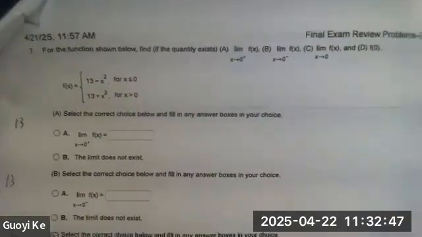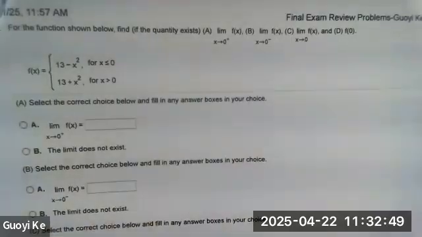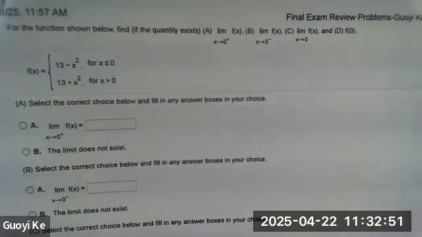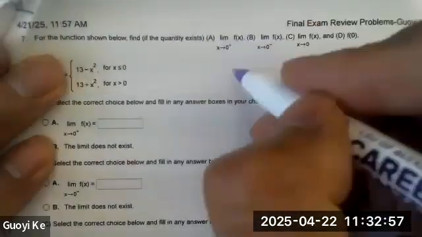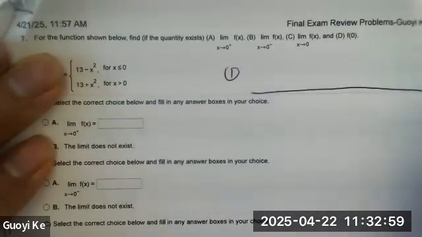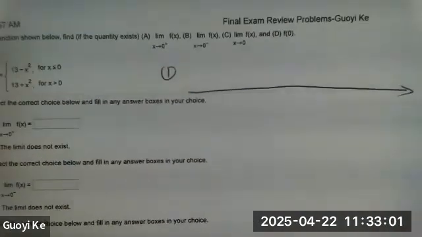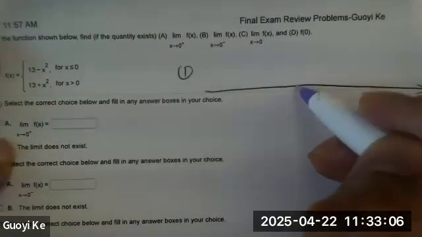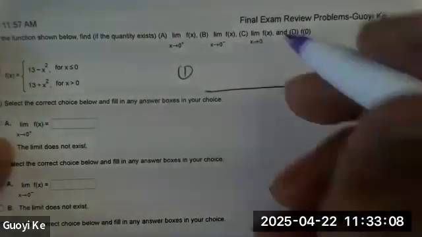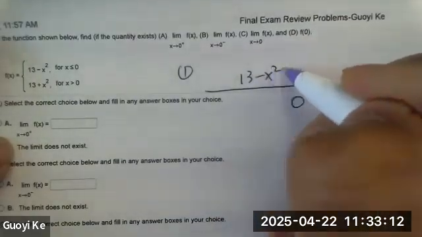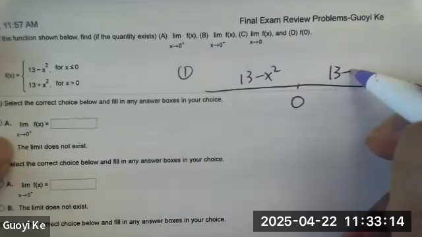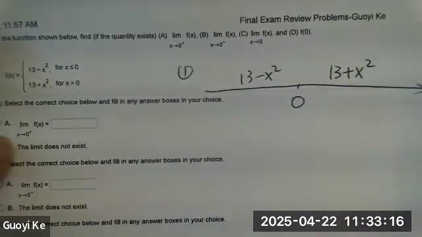And for problem 7, how to find the limit of this piecewise function? Two steps. First step, draw the graph. We have a breakpoint at 0. Less than 0, we have this function. Greater than 0, we have this function.